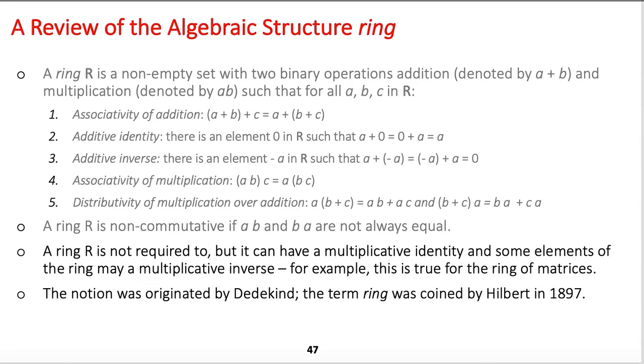In fact, there is a famous ring, the ring of matrices, which is non-commutative, and it also has a multiplicative identity, and some matrices have inverses.